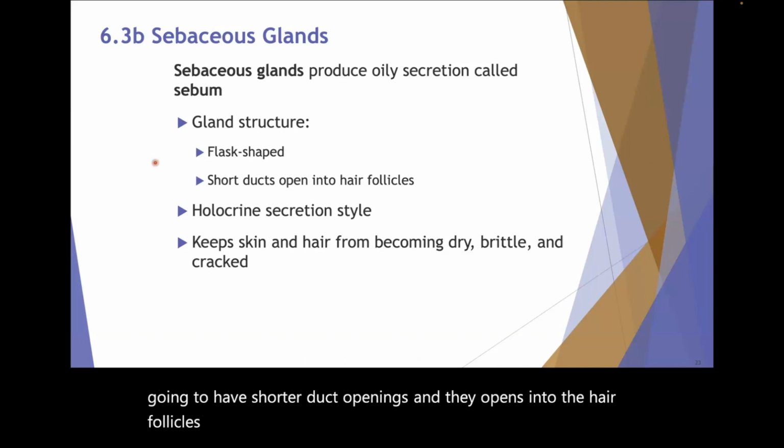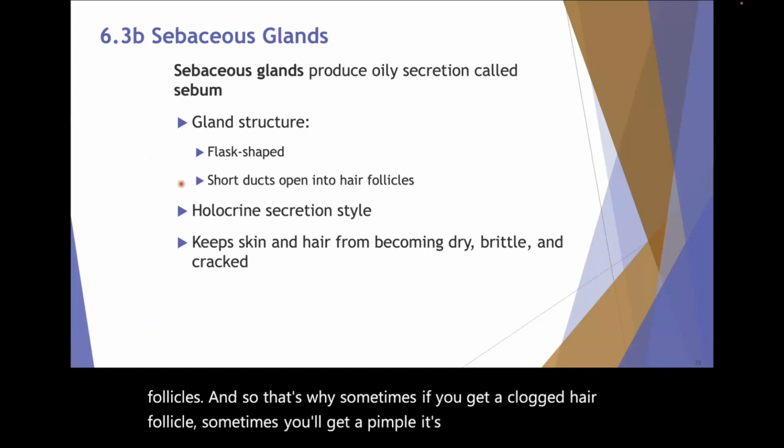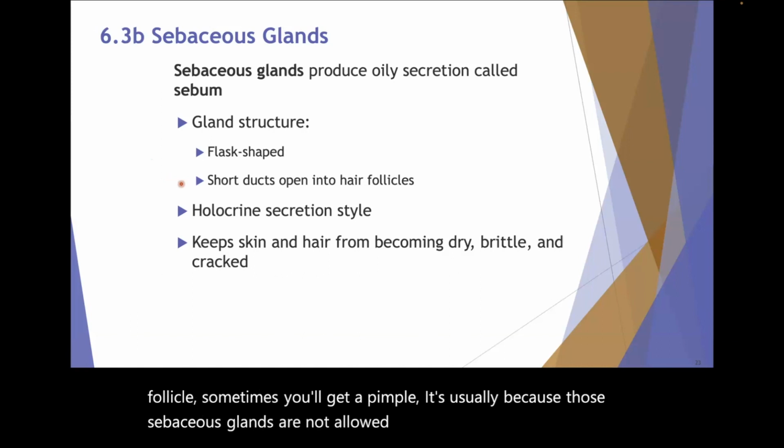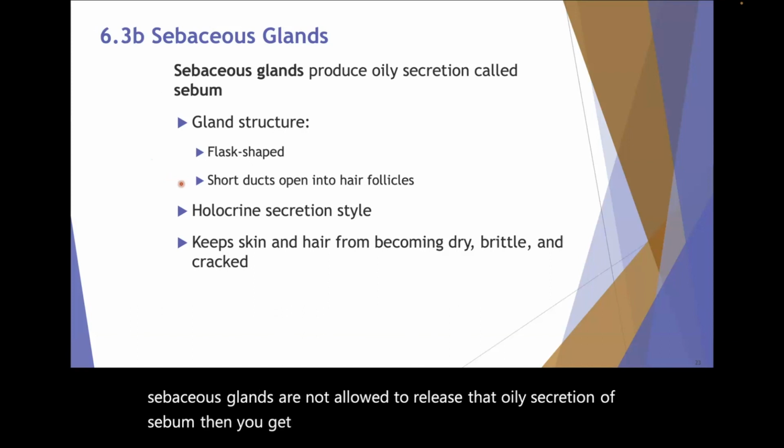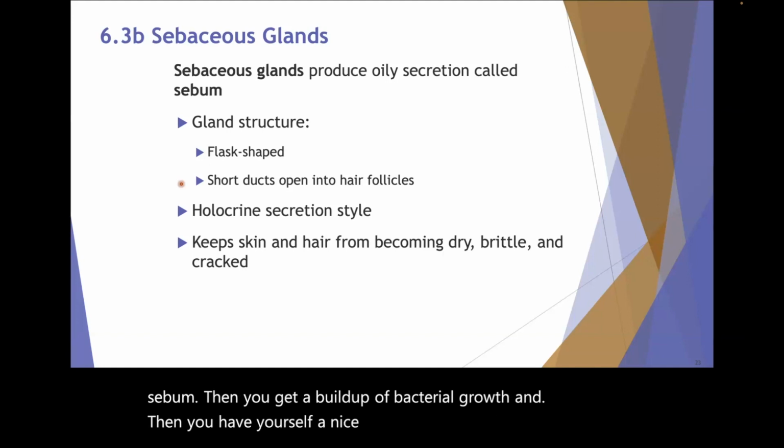That's why sometimes if you get a clogged hair follicle, you'll get a pimple. It's usually because those sebaceous glands are not allowed to release that oily secretion of sebum. Then you get a buildup of bacterial growth, and then you have yourself a nice little juicy whitehead.